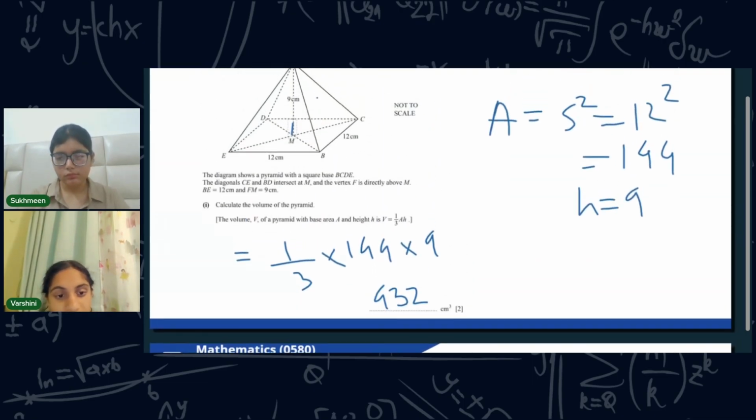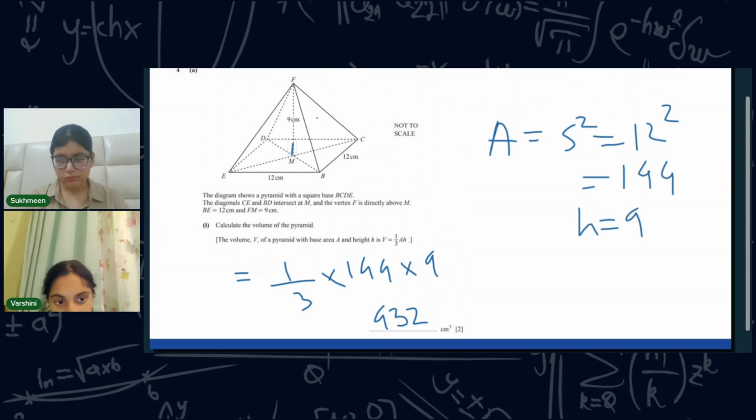Okay, so now we need to calculate the area of one of these triangles. So basically all we have to do here now is draw a line down here.